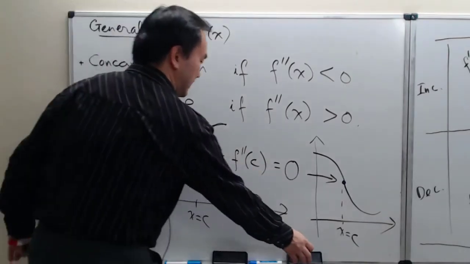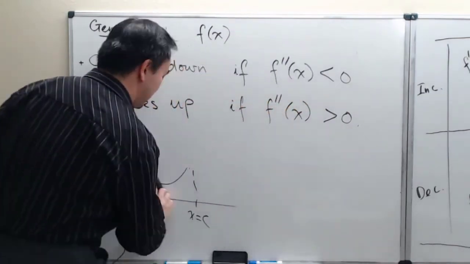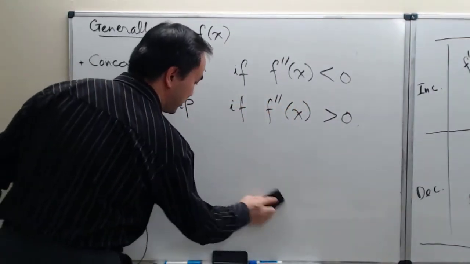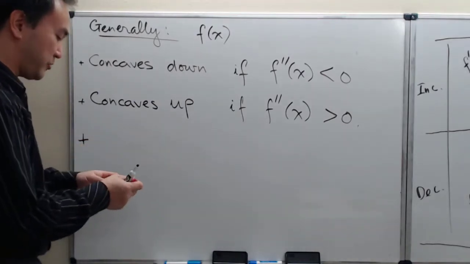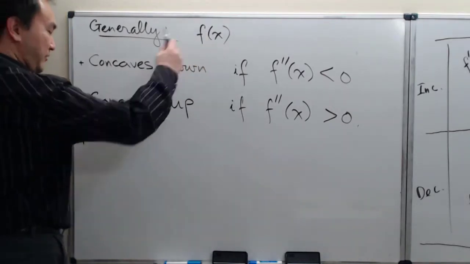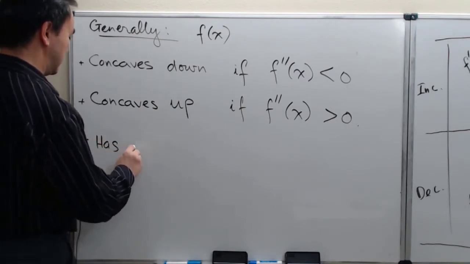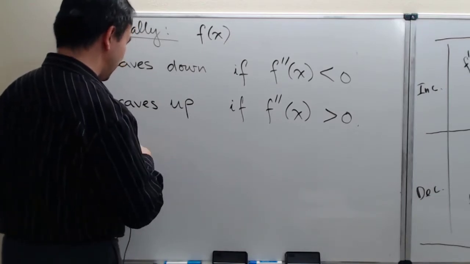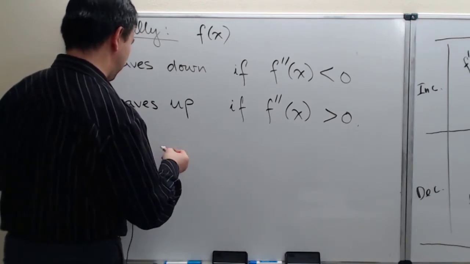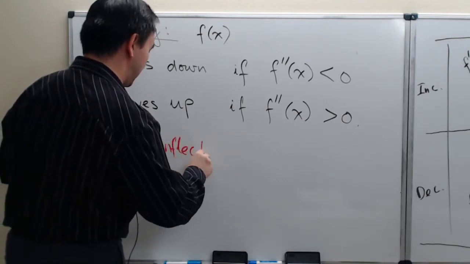And so I couldn't put that on my table from earlier. But now we can put in a generality here among my worded description. So the function f of x has an inflection point in inflection.